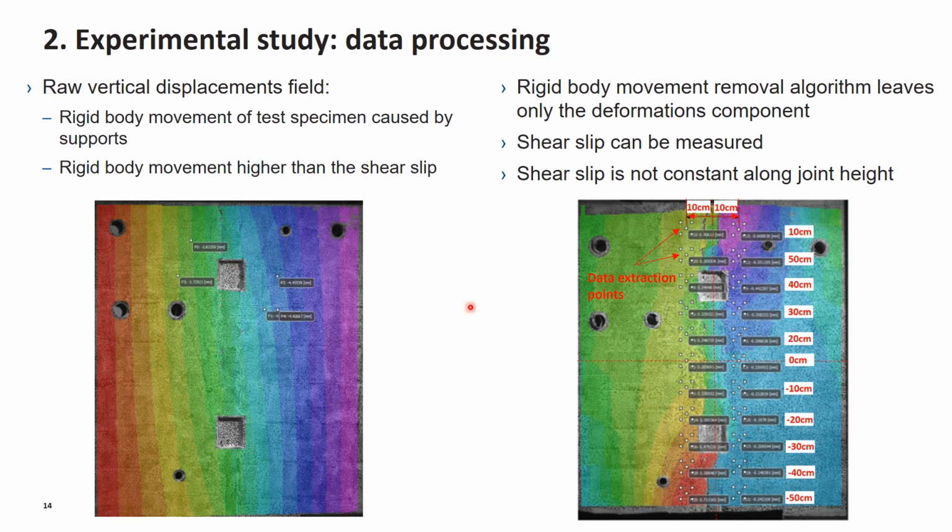Luckily, the software that we use allows us to automatically remove the rigid body motion, and we can observe here only the deformation components, and we can measure the slips with more control points along the joint height.